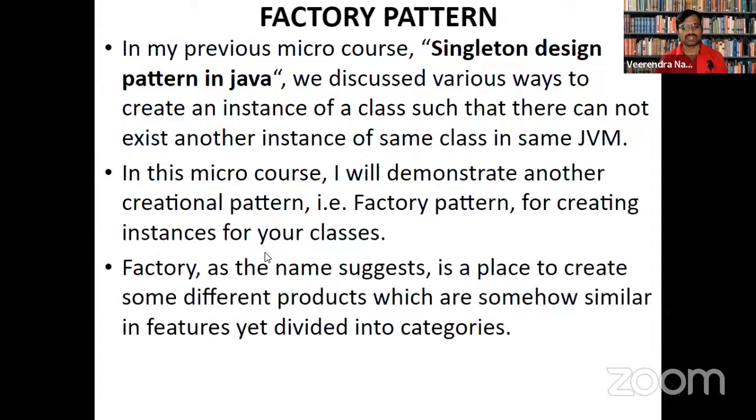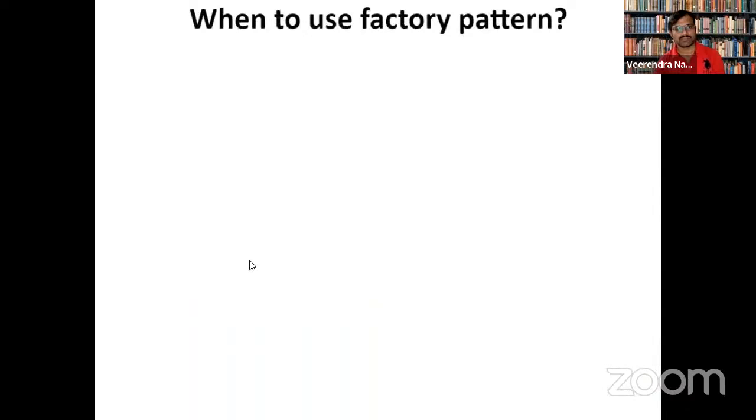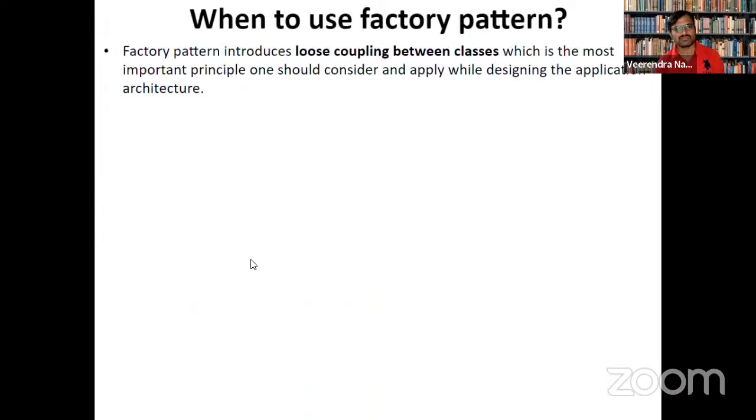It is used to create different products which are similar in features, because all of them are cars only, but they are divided into different categories. So the factory pattern is used to create instances of different classes of the same type. We use the factory pattern when we want loose coupling between the classes.